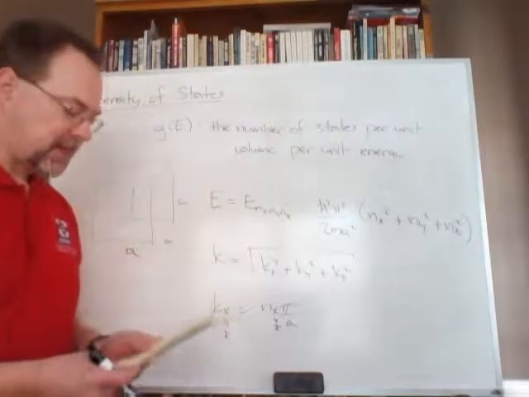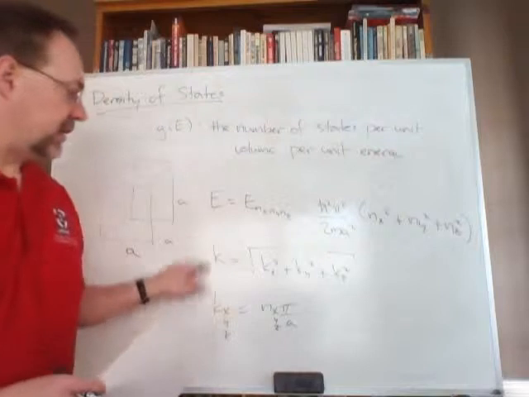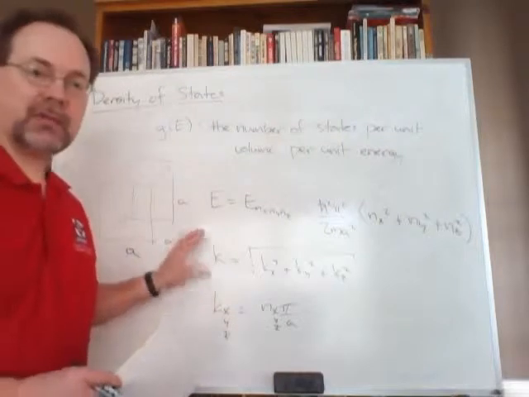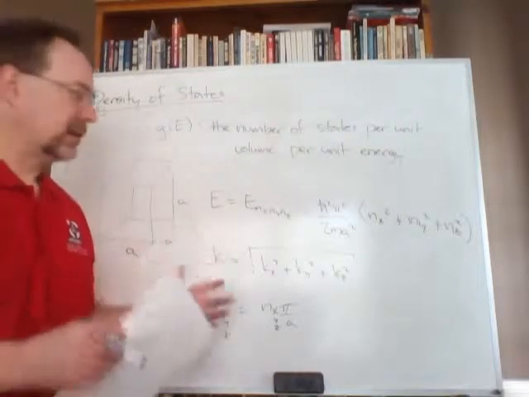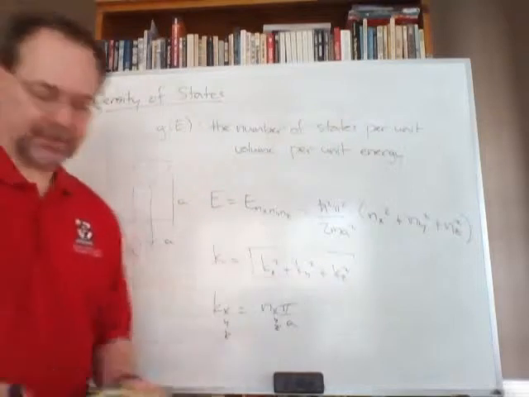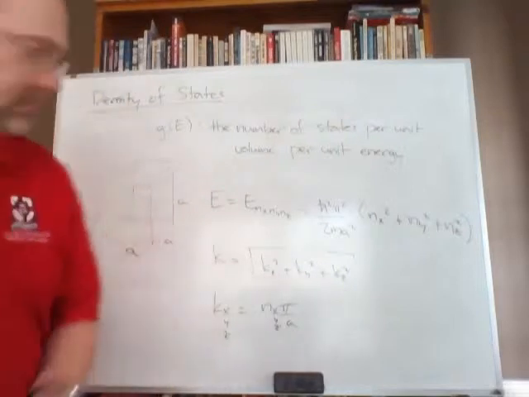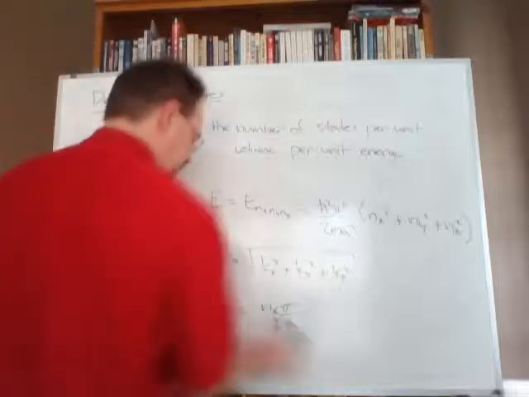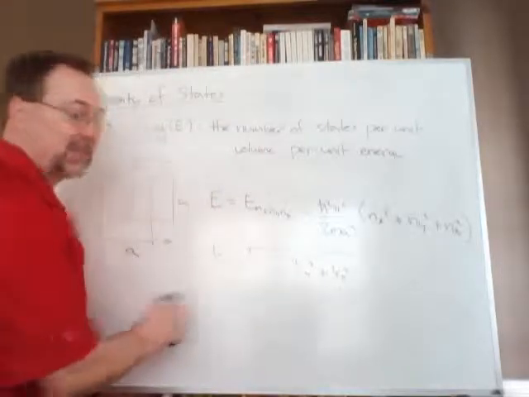So we can think of this in terms of a three-dimensional space, not in x, y, and z, but in kx, ky, kz. So this will be k space.